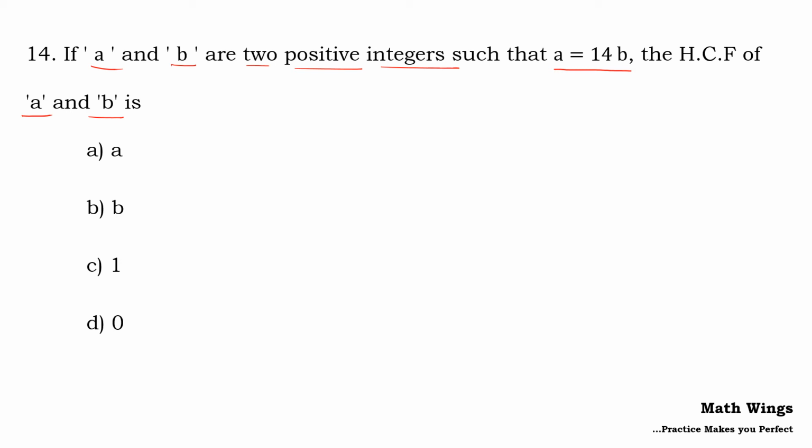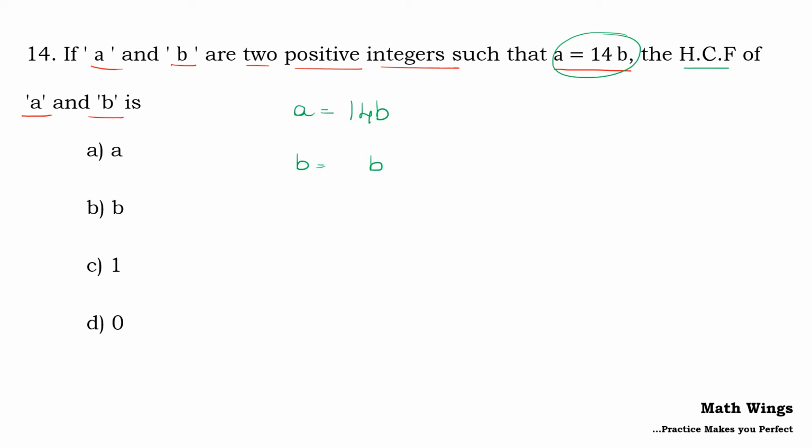We have A and B, which are the two integers. Also they have given that A is equal to 14B. They have not said anything about B, therefore we can keep B as same. Here we have to find the HCF of A and B.